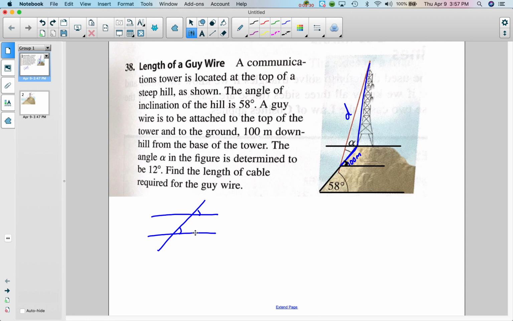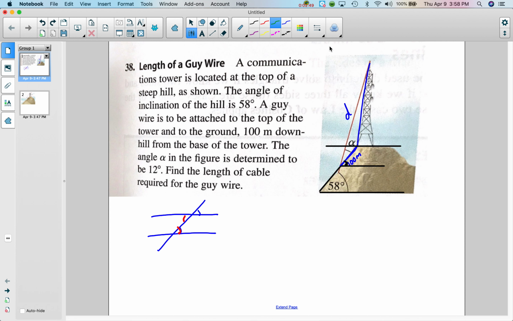But there's something else too that says that alternate interior angles are congruent. So this is congruent to this. Remember all that stuff that Miss Yoder taught you in geometry? It's important because here we need that, because trigonometry is using geometry.